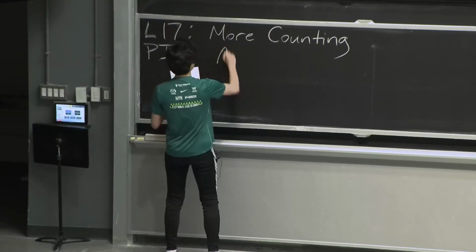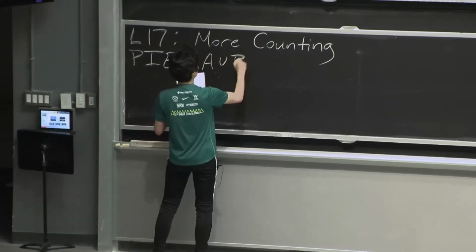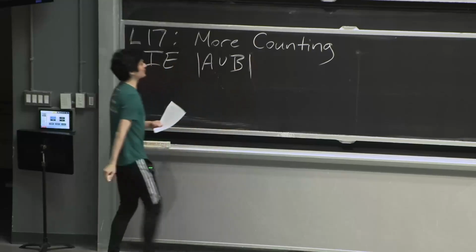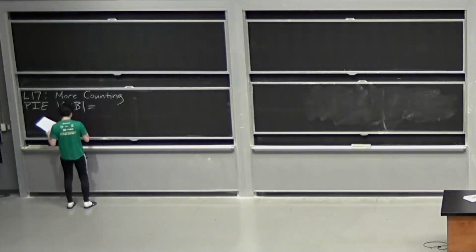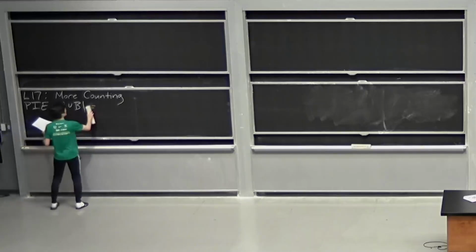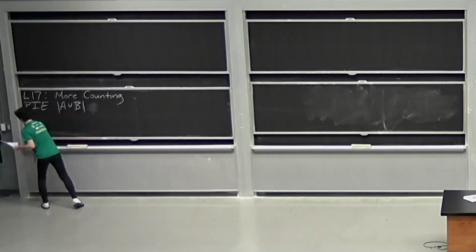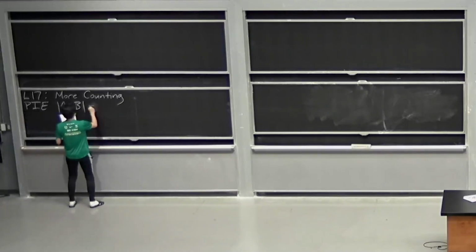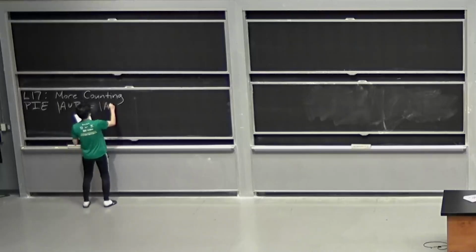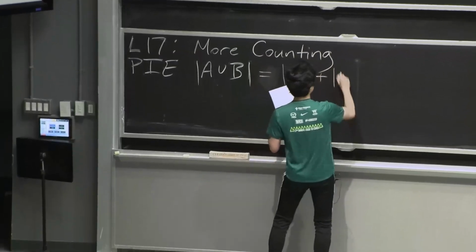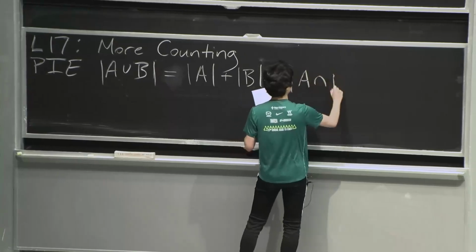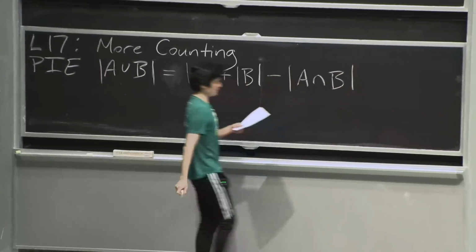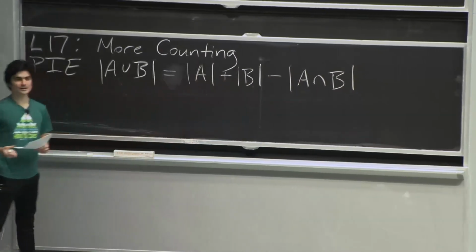So if I have 2 sets, A and B, and I want to compute their union, the size of their union is going to be the sizes of the individual sets minus the size of the intersection. Okay? Does that make sense to everybody?